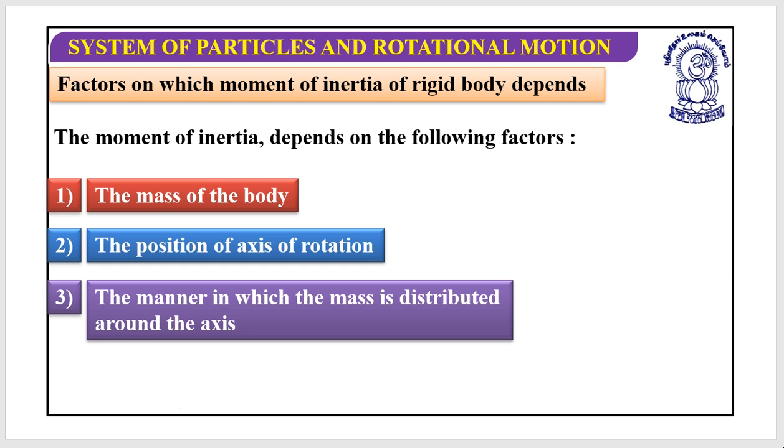Let's look at the factors on which the moment of inertia of a rigid body depends. It depends on the following factors. First, it depends on the mass of the body. Second, it depends on the position of the axis of rotation.